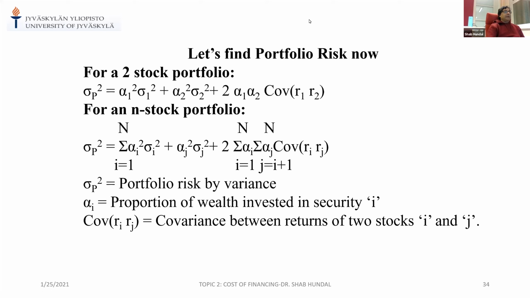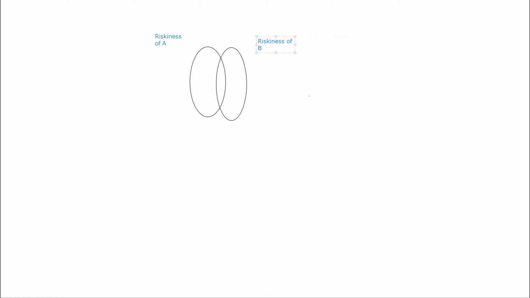So basically, if I draw a very quick picture, I make a drawing. If each circle is showing the riskiness of stock or portfolio A, and if this portion is showing the riskiness of stock or portfolio B, and both are shown by their standard deviation, the same thing will be on the A side also.